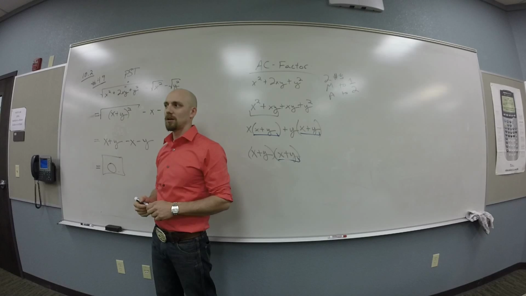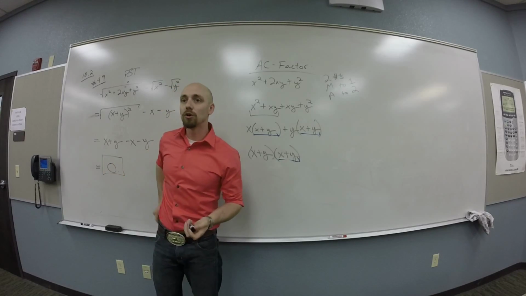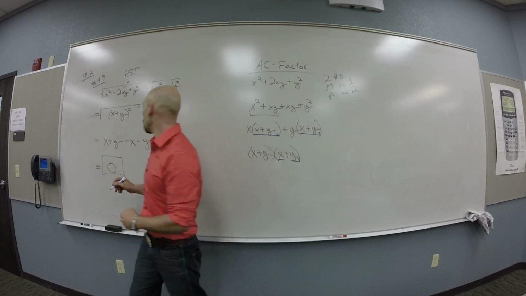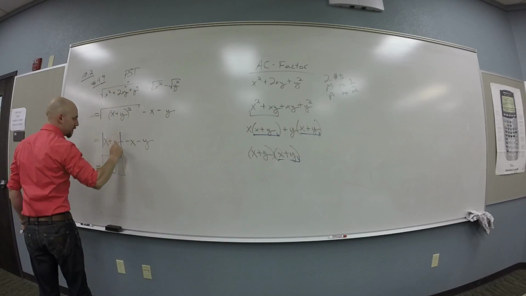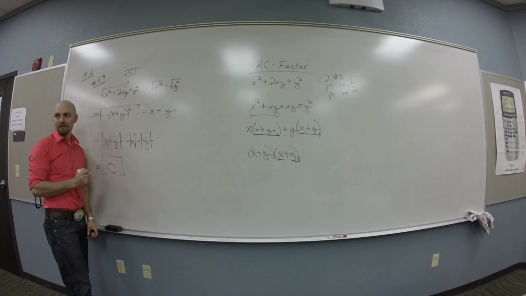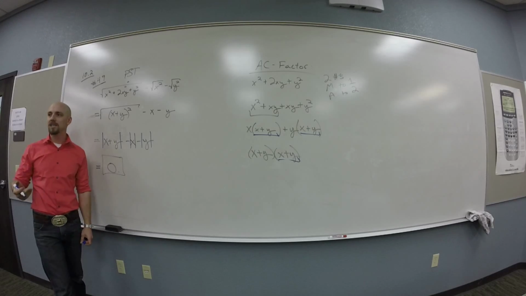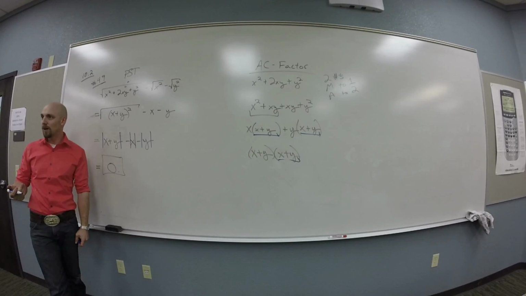You see that? Around x plus y. It would be around the whole x plus y. So if I was to do this with absolute values, I would really get the absolute value of x plus y, minus the absolute value of x, minus the absolute value of y.